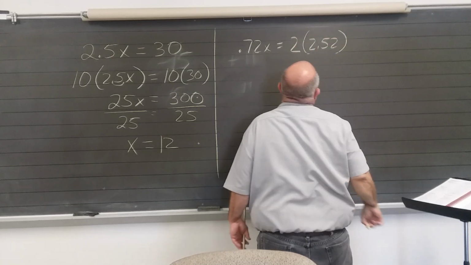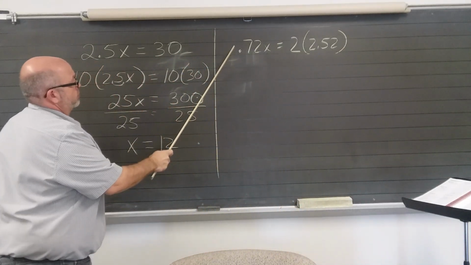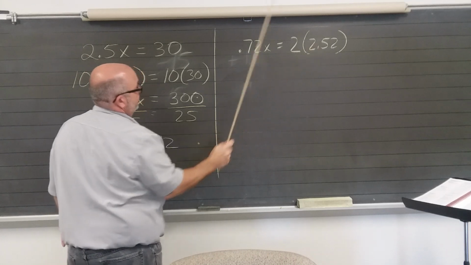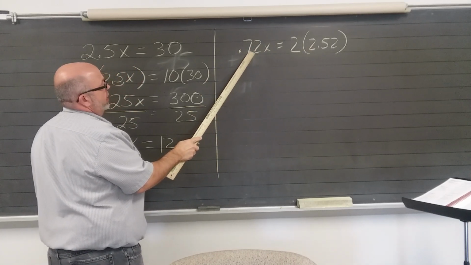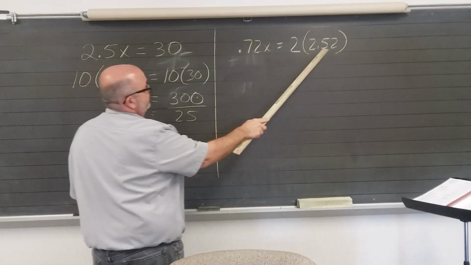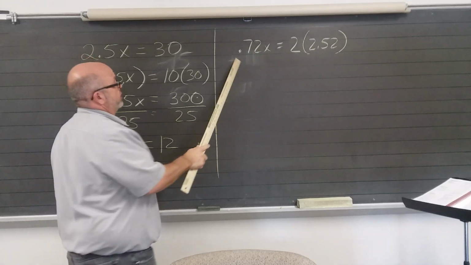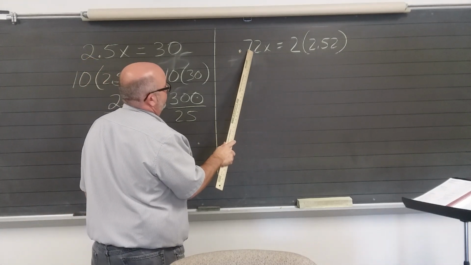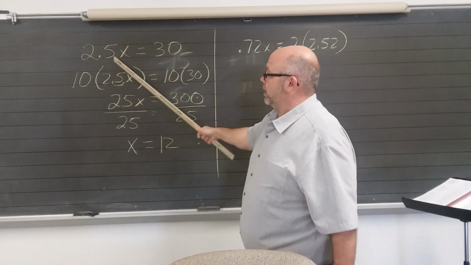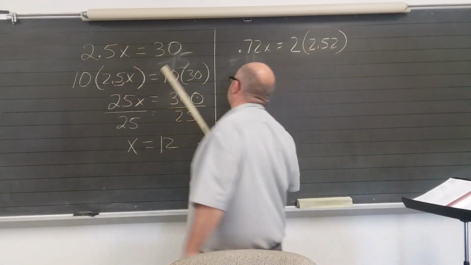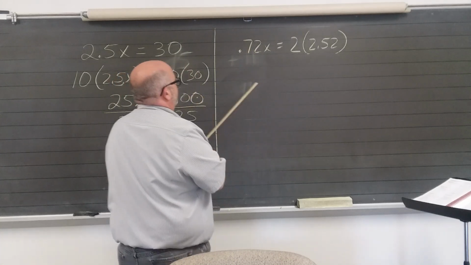Two decimals. One here, one here. Both of these are in the what place? So this is showing what? Tenths, hundredths. So we multiply by 100. To move this decimal point over two places, you're multiplying by 100. Here, to move it one place, you multiply by 10. Here, to move two places, you multiply both sides by 100.